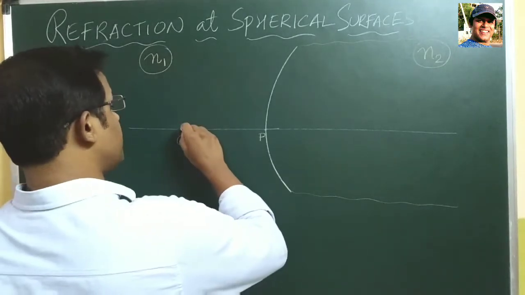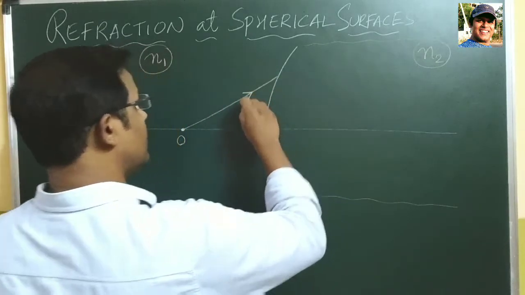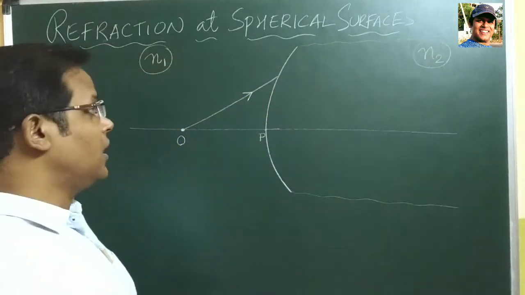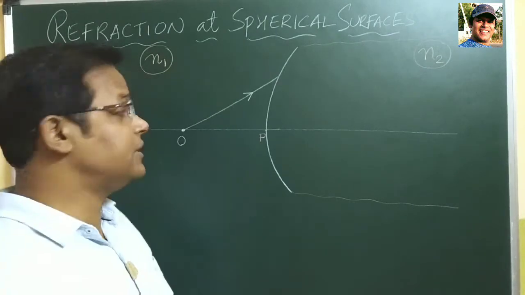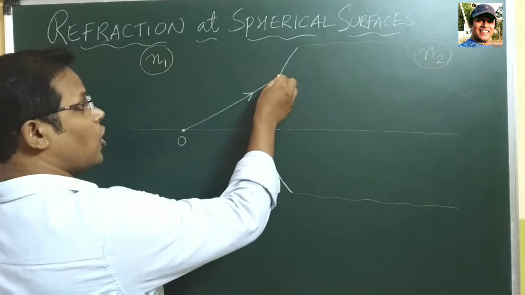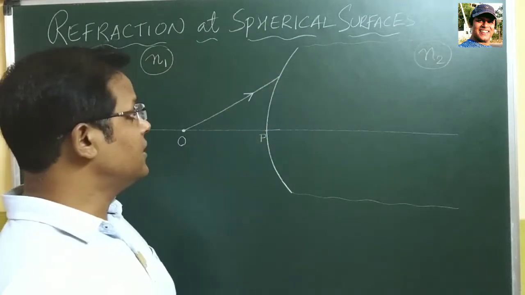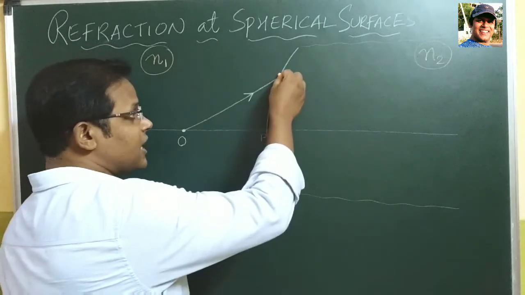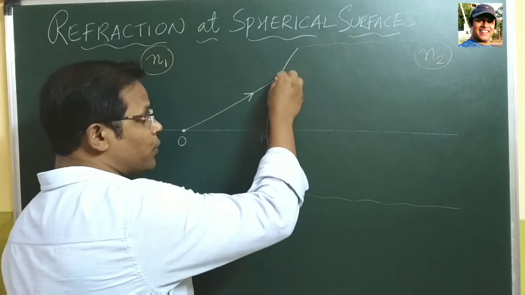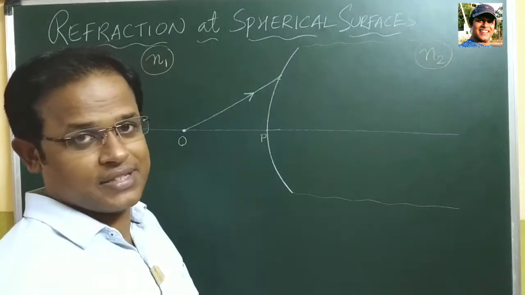You know some basic facts. A ray of light goes and strikes at a certain point. Students definitely have a small but important doubt: how to draw a normal at this point? Even though it's a spherical surface, our imagination can help us think that it can be minutely broken down into infinite plane surfaces.